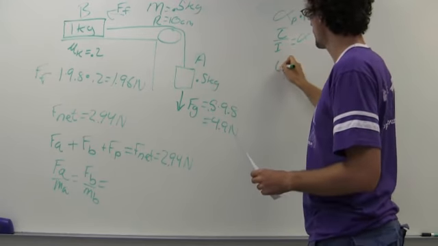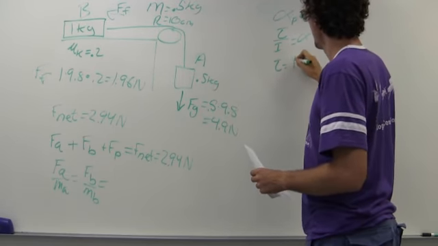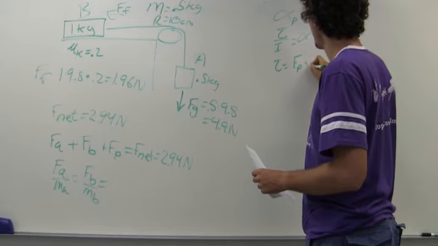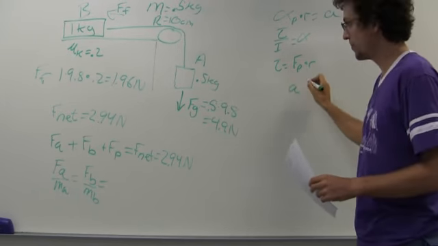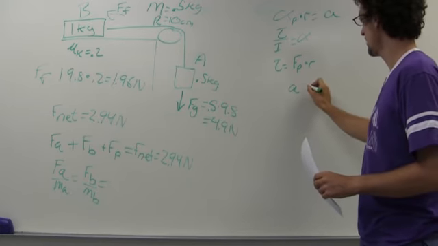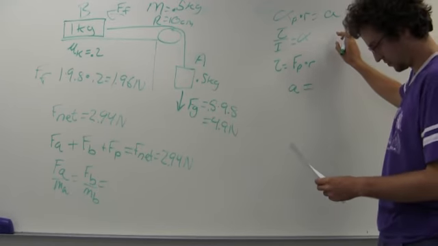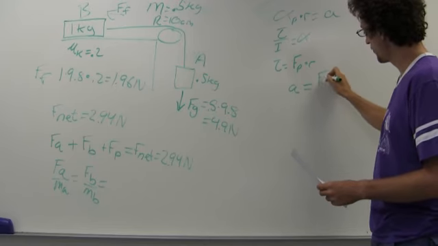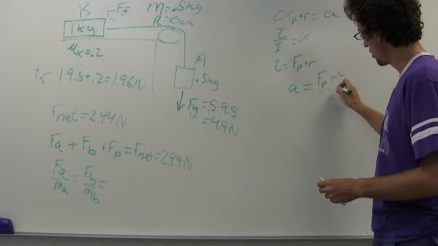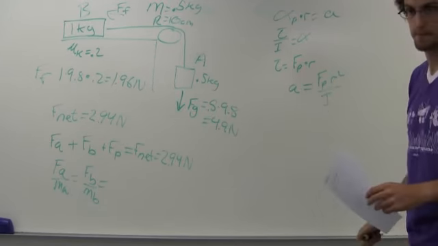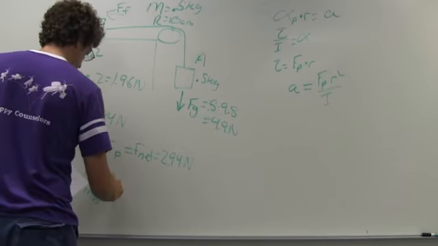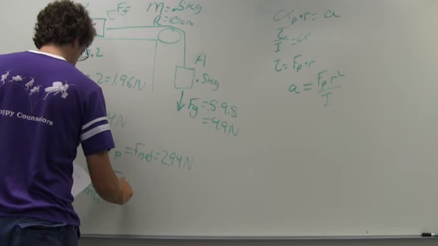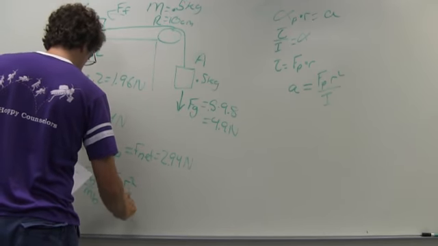We also know that torque is equal to the force of the pulley times R. So we plug all that in, and we get that a for the pulley is equal to F of the pulley R squared over I.